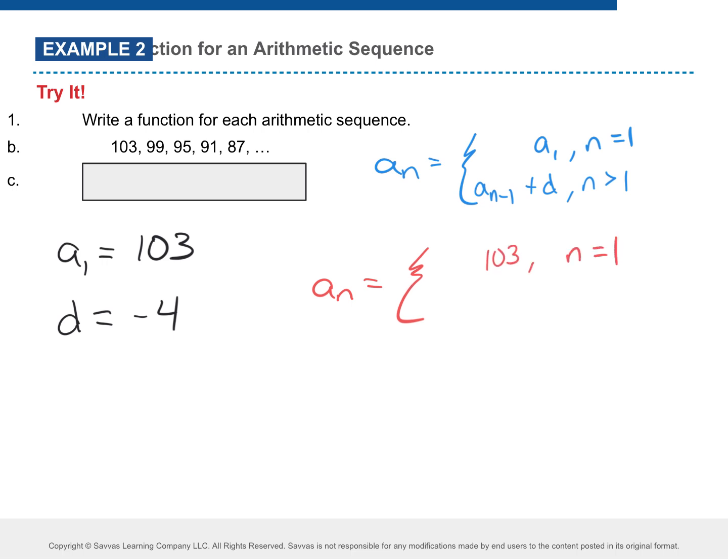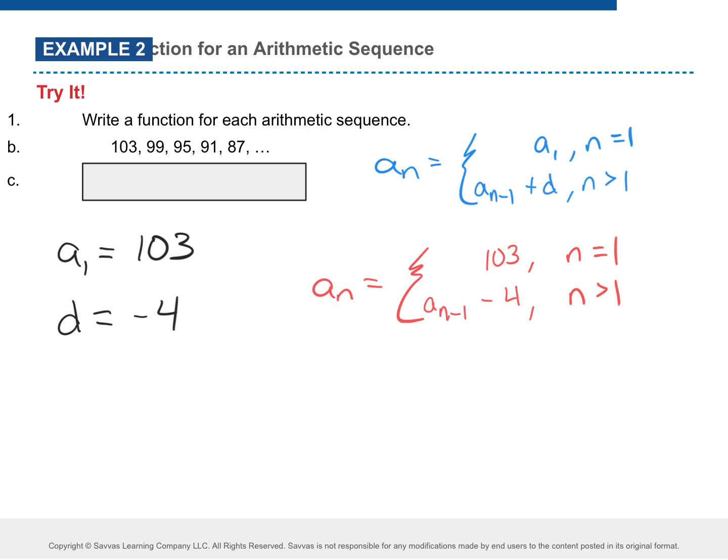And what does n equals 1 mean? It's the first term. What do I write in the second part? a_(n-1) minus 4, comma, n greater than 1.